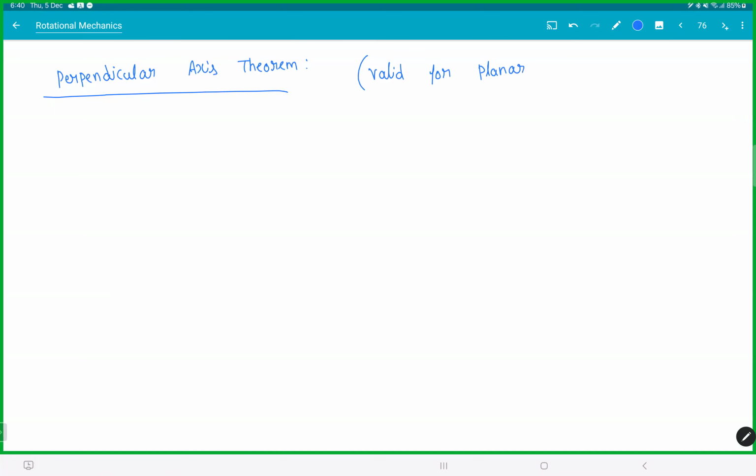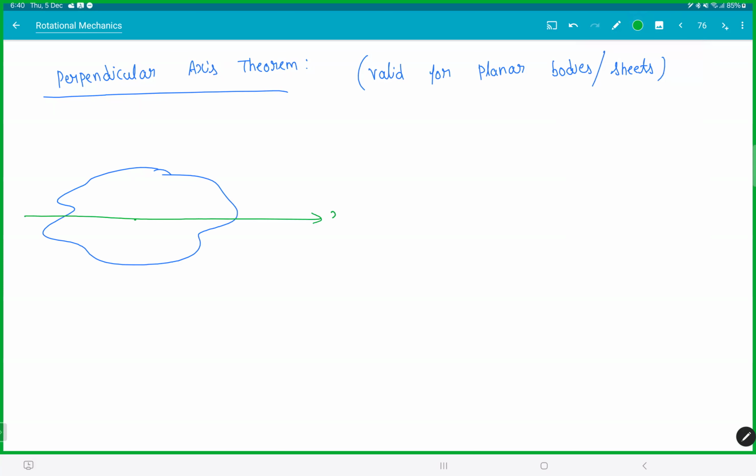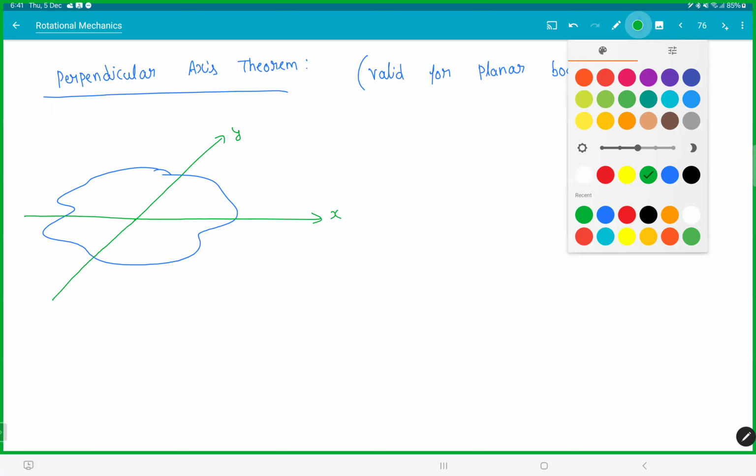You can't use this for 3D objects. Like triangular sheets, square plates, rectangles, like that. So what this theorem says is, if you have a sheet, this is your x-axis, this is your y-axis.